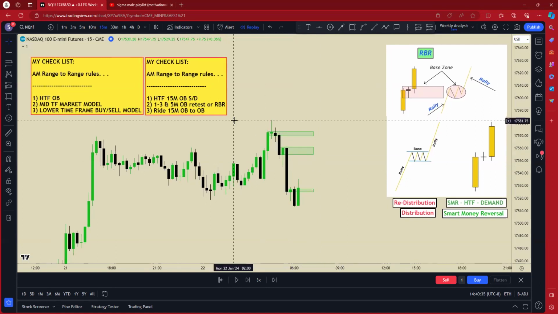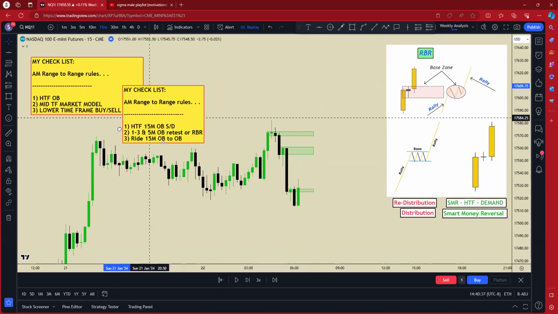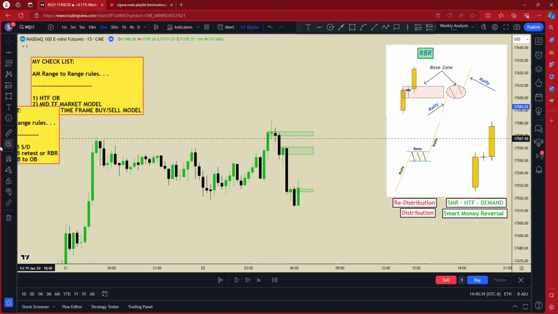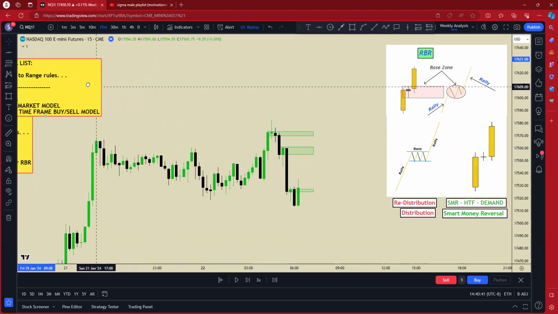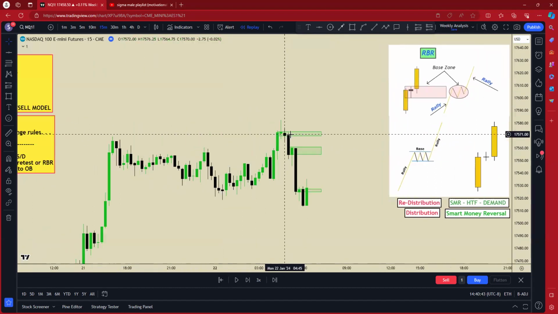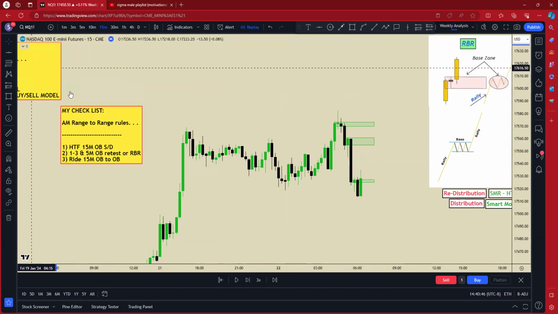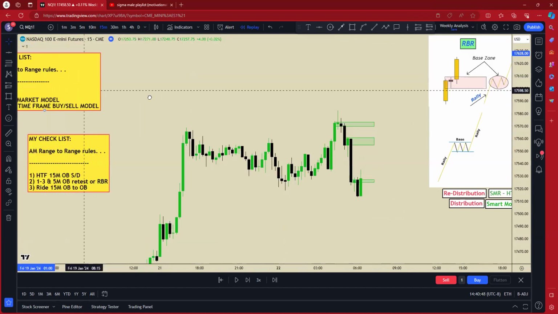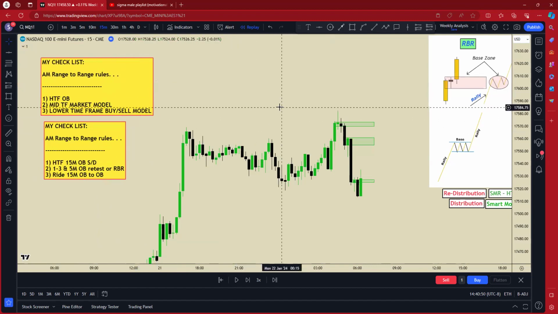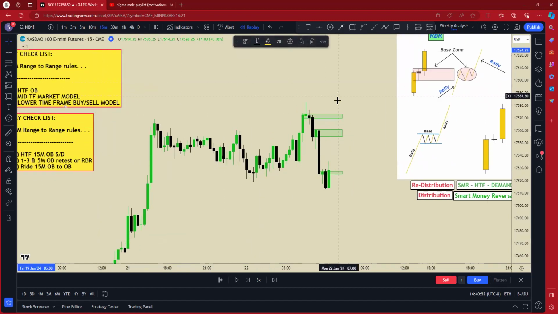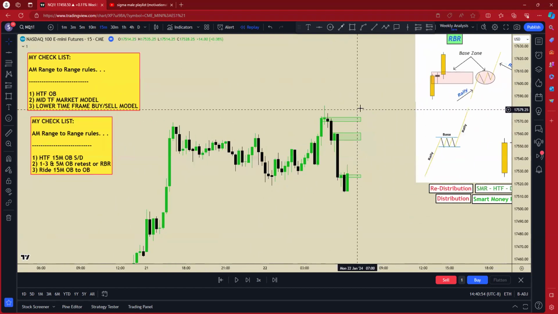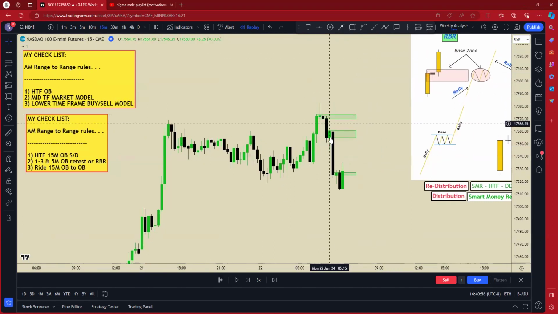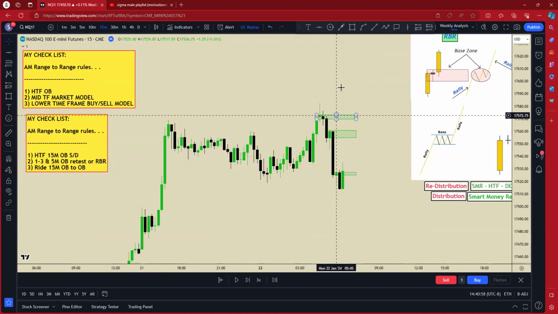So let's go ahead and zoom in a little bit. I'm going to go ahead and kind of hide this information. So now we're looking for the higher time frame areas, right? Where is that going to be? So first, we have our order blocks currently right now.